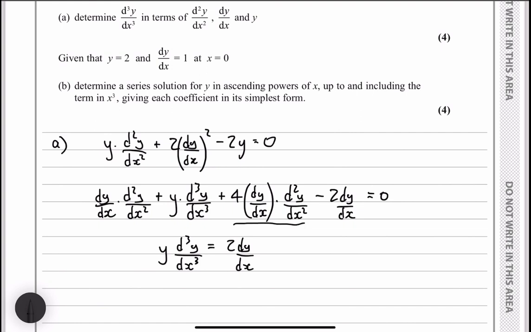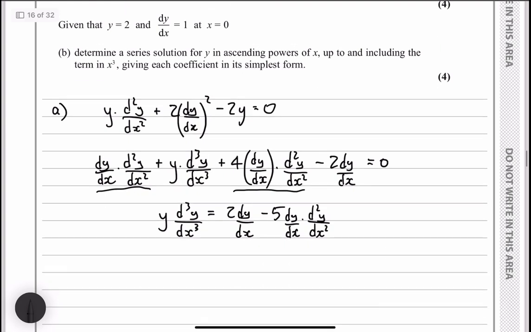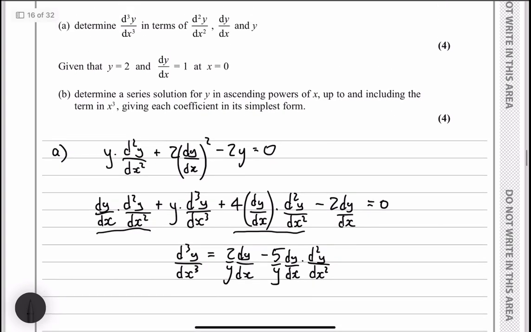We've got 4 of these and 1 there, so there's 5 of them, so we've got minus 5 lots of dy by dx times the second derivative. And then I need to divide by this y, so let me just be a bit cheeky there and do that. So that's our third derivative.